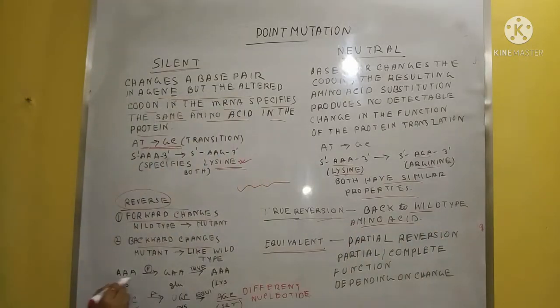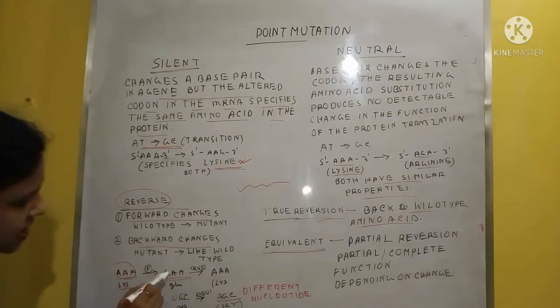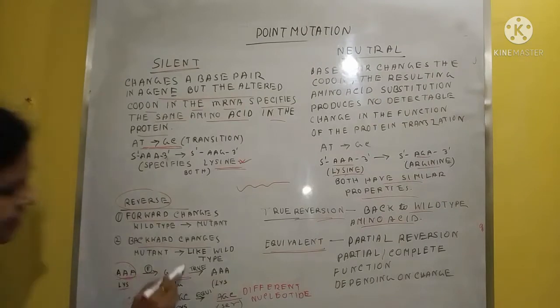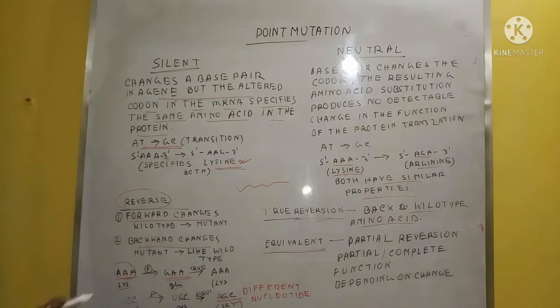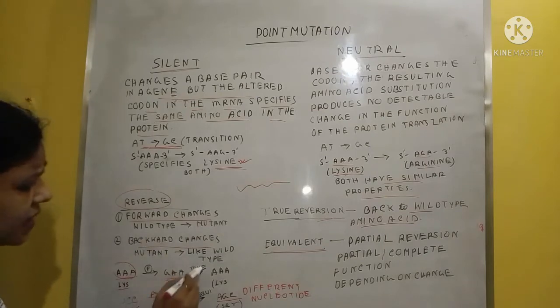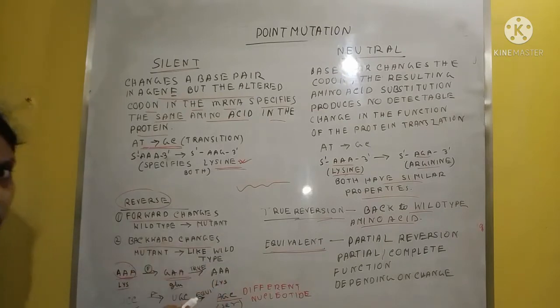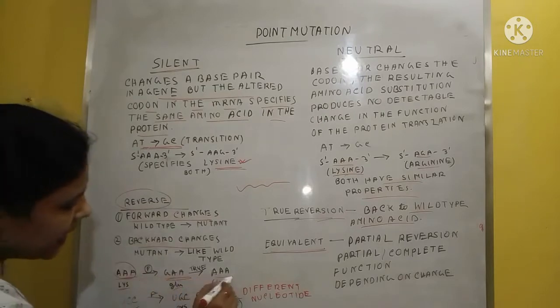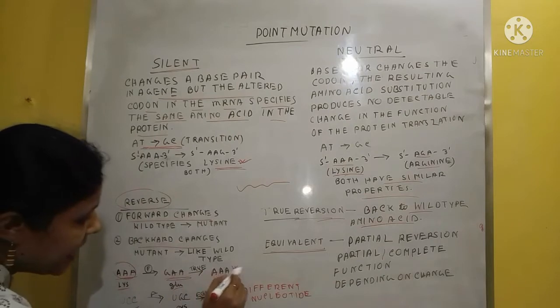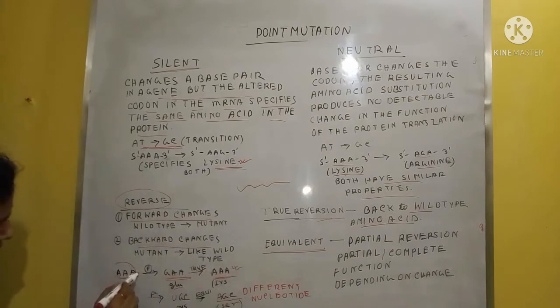In case of AAA, a forward mutation occurs here and it becomes GAA. You see here, the AAA codon recognizes lysine, and GAA recognizes glutamic acid. But when the mutation occurs again, GAA changes back to AAA. The AAA codon is similar to the wild type codon.